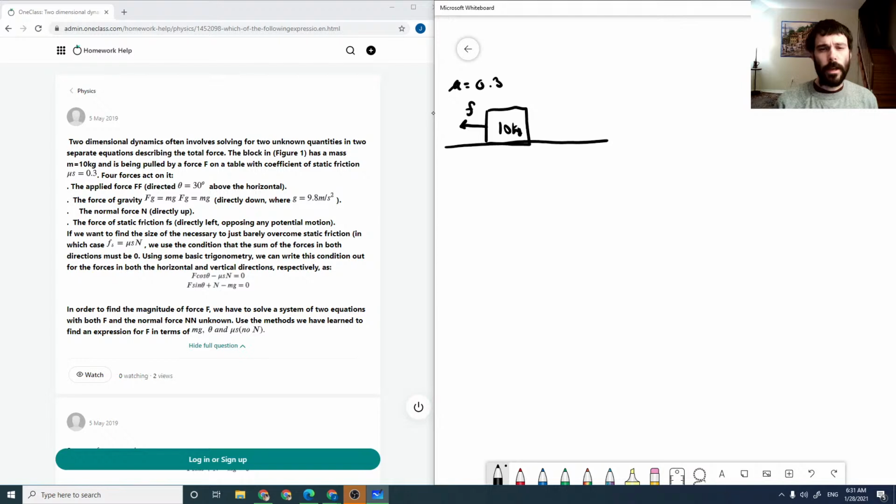There's four forces acting on it, so there's an applied force which is angled at 30 degrees. We've got our force of gravity and a normal force.